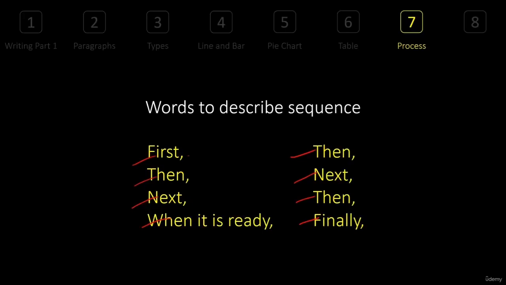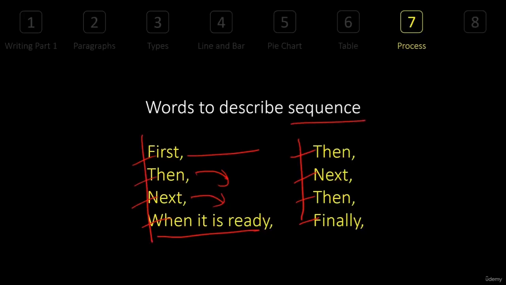So you say first this and that, whatever the thing is, is mixed to create a powder. Then it is passed to the boiler. Next, when the powder is mixed and ready, you take it to the next level.